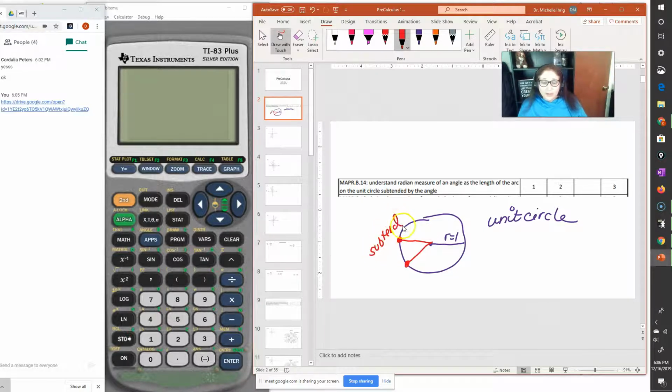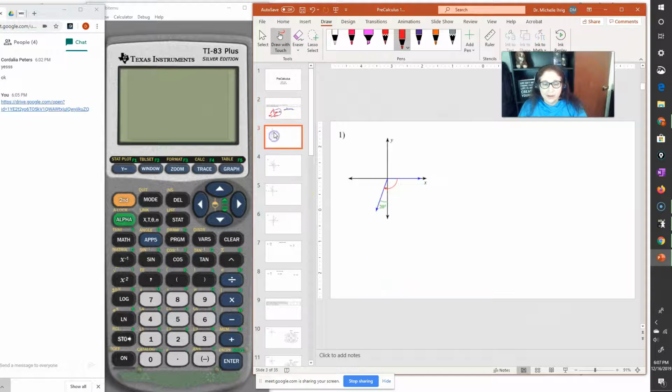And hopefully you might remember from geometry class that we had the central angle in the center, and we talked about how the degree measure was the measure of the arc in degrees. So the only difference here is we're talking about radians. There are 3 questions, 1 easy question and 2 medium questions, that relate to this: understanding radian measure as it relates to the angle and the arc length.